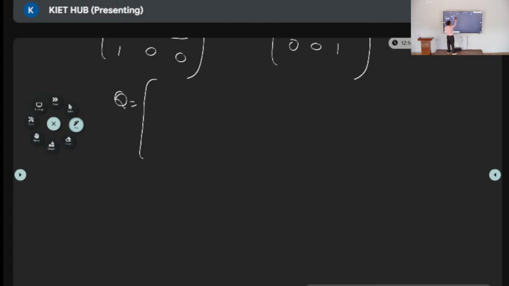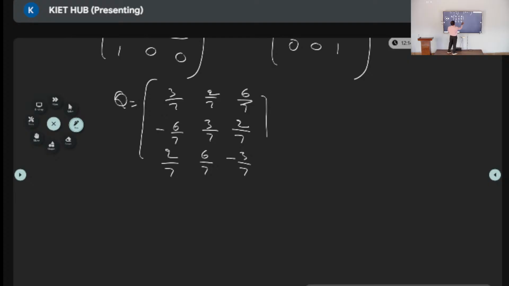Q equals 3 by 7, 2 by 7, 6 by 7, minus 6 by 7, 3 by 7, 2 by 7, 2 by 7, 6 by 7, minus 3 by 7. And what is the question here?